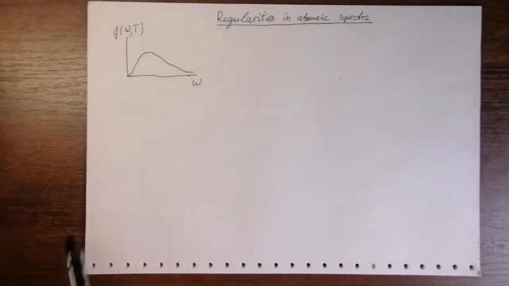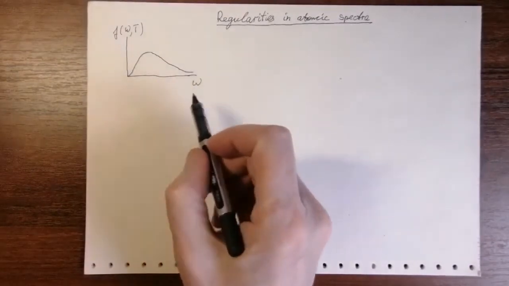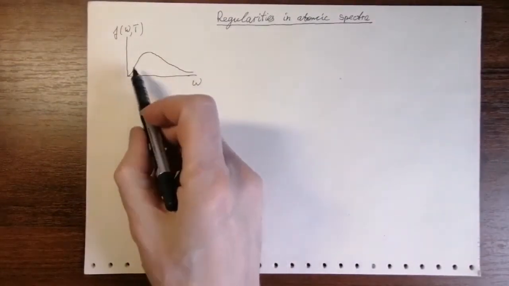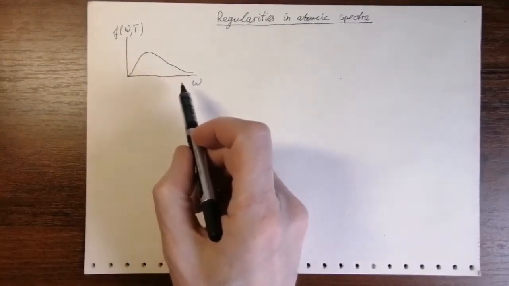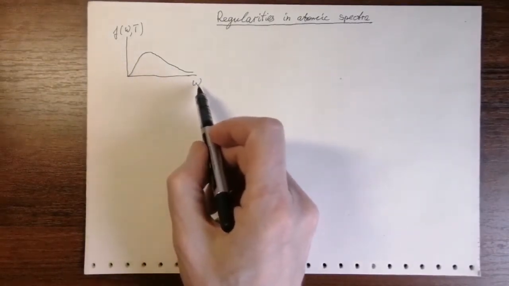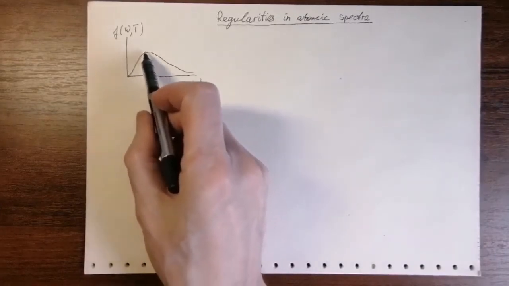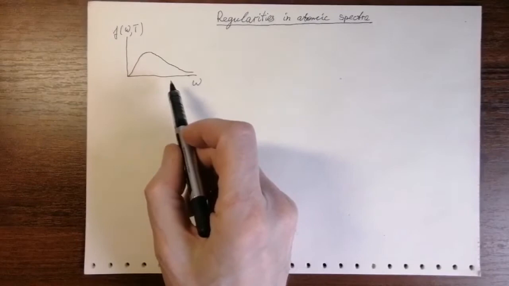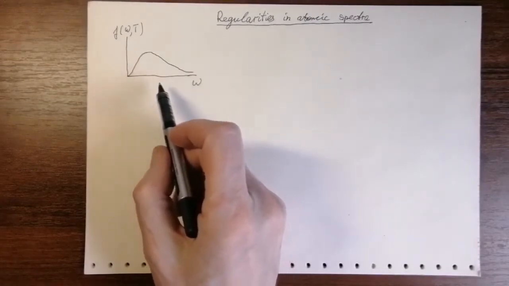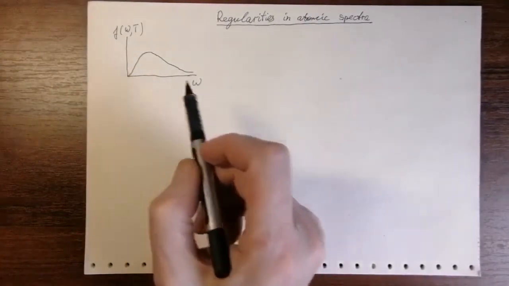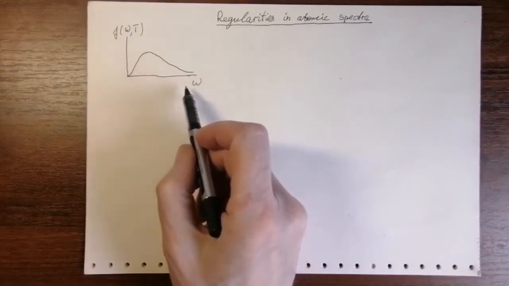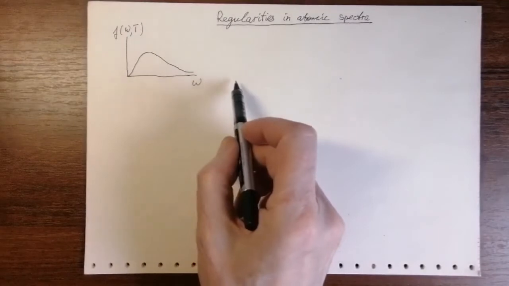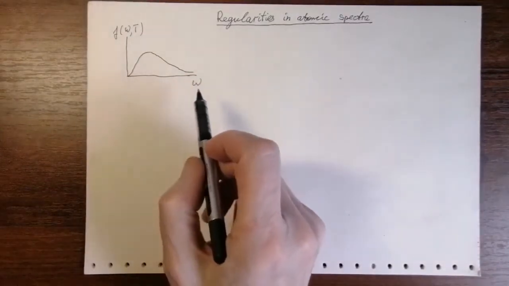This is a distribution of energy on different frequencies, so we see that the spectrum is continuous. It means that for any frequency we have some energy which is emitted by a body in some small interval d omega around each omega from 0 to infinity.